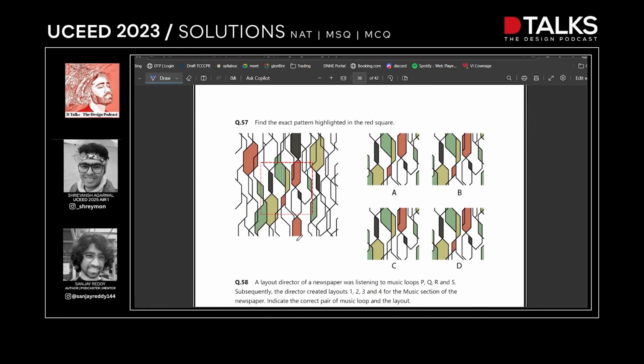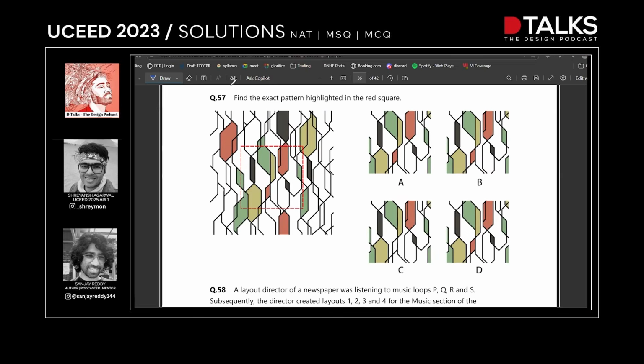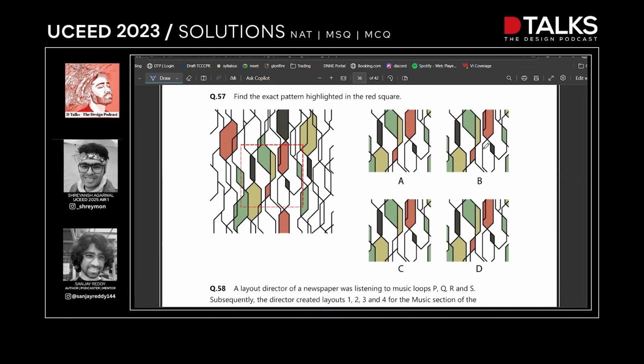Question 57. Find the exact pattern highlighted in the right square. So it's just matching, comparing the options. Option A and B, this particular part. Option A is wrong because it's there. Option B and D, where's the difference?